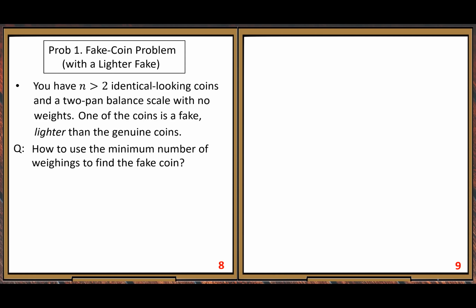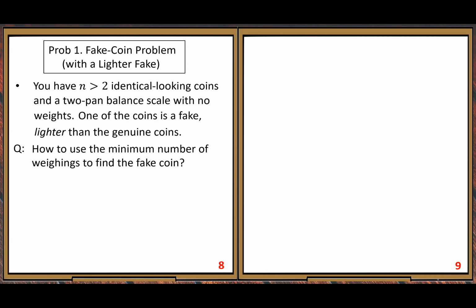How to solve this problem? Here, n is any number greater than 2, and it could be a large number, for example, n equals 100. Halve it each time.